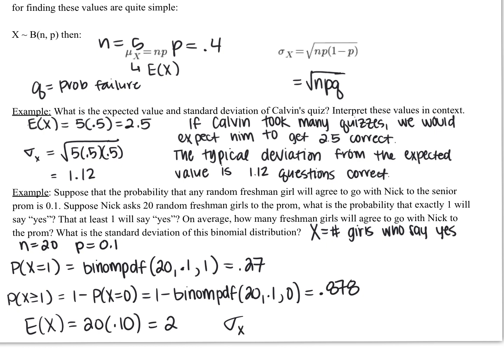Our standard deviation is going to be the square root of 20 times 0.1 times 0.9, which is going to be 1.34. So that means that the typical deviation from the expected number of yeses is 1.34, which is not great considering his average is only 2.